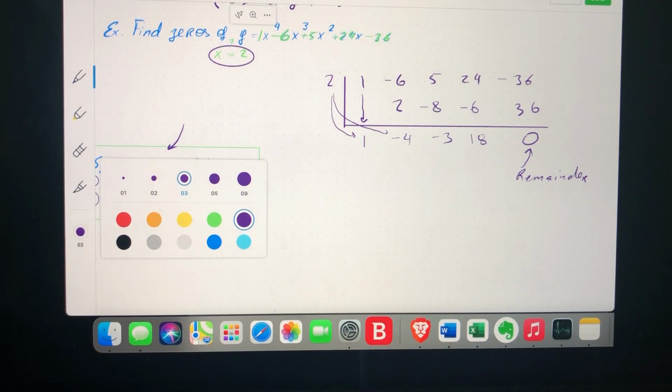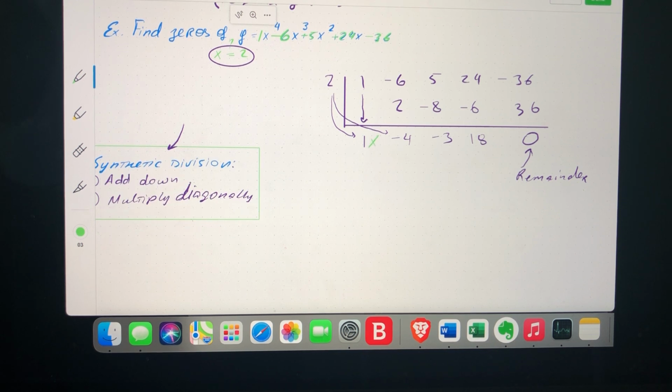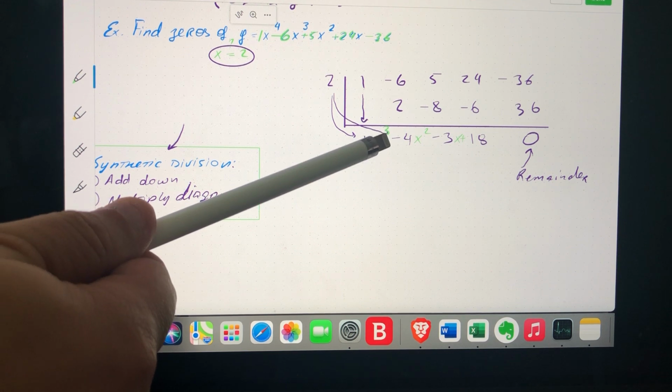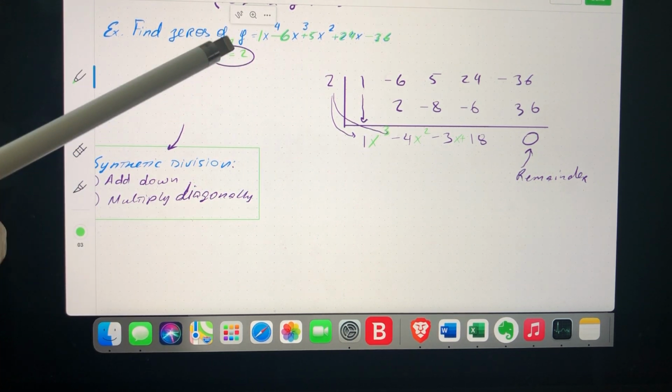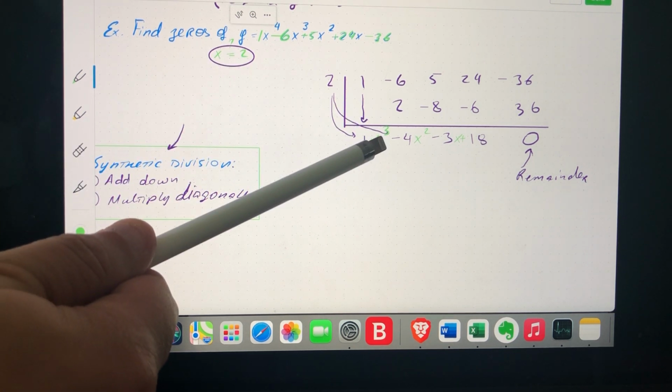So these are really the coefficients of x to the third minus 4x squared minus 3x plus 18. That's the remaining polynomial. It has 3 solutions. We were promised 4 by the fundamental theorem of algebra. Here is 1. The other 3 are here.